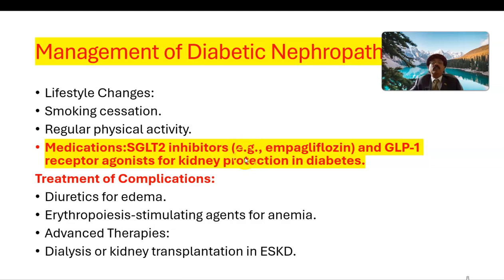So these are renal protectors, SGLT2 and GLP-1. Treatment of complications: diuretics for edema, erythropoiesis stimulating agents for anemia. Advanced therapy includes dialysis or kidney transplantation in end-stage kidney disease.